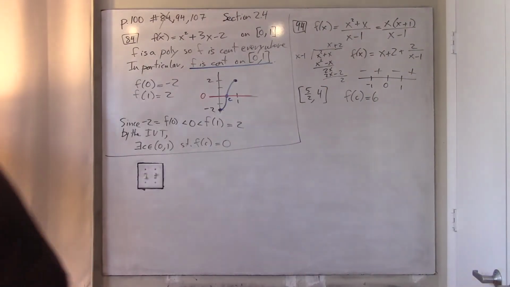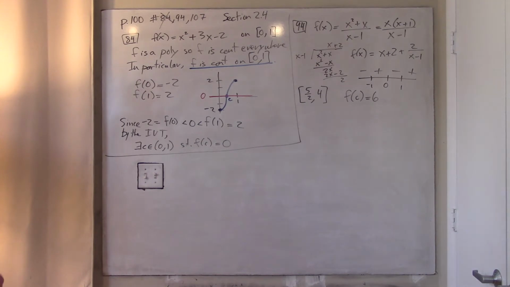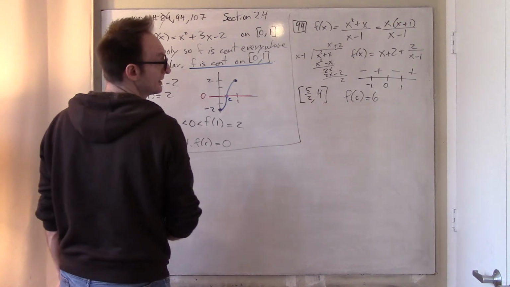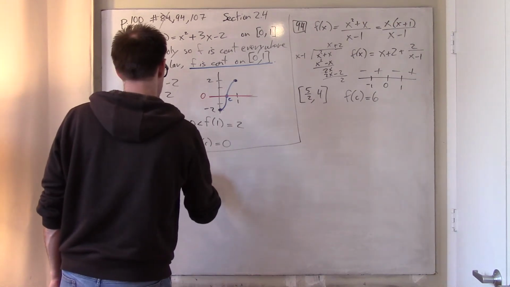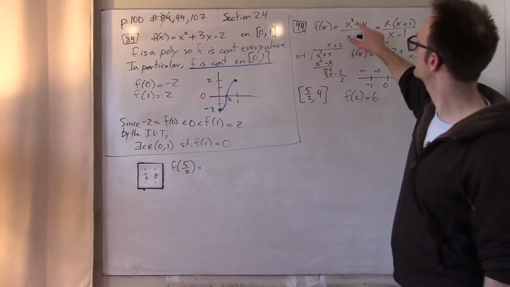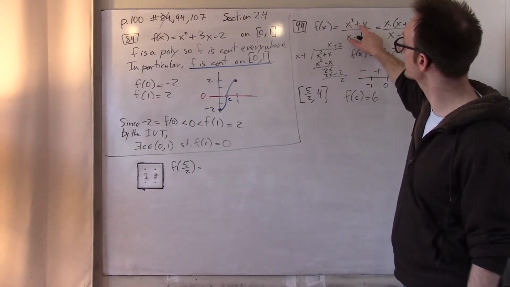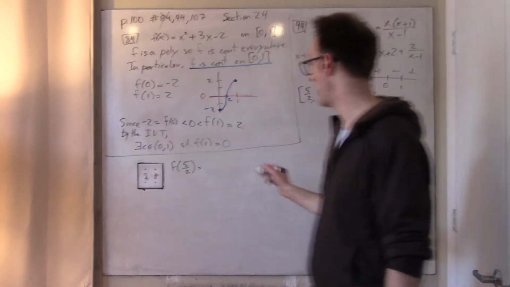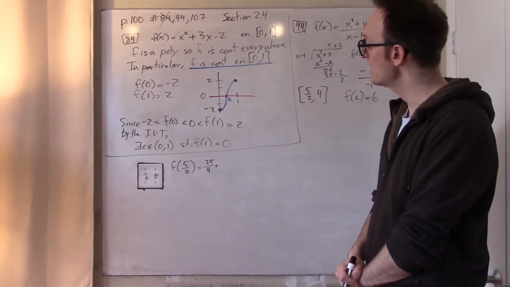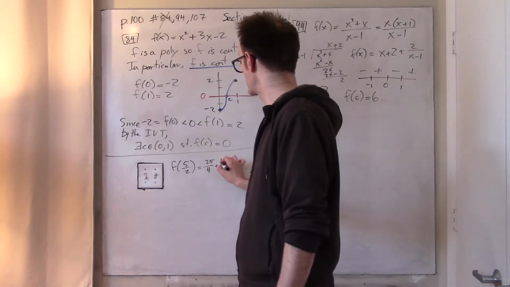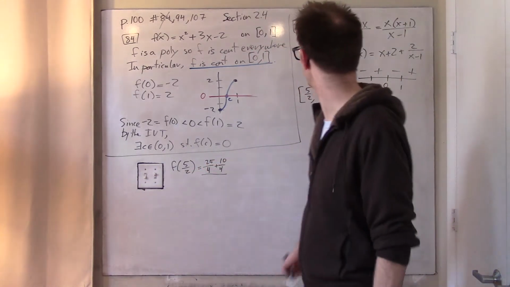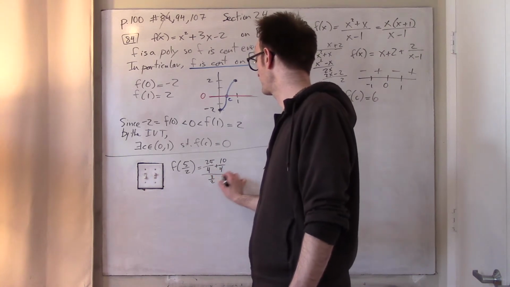Alright, well, what do I know about this function? I can just plug in 5/2 into this function, so let's do that. If I plug in 5/2, what do I get? This is slightly annoying. 25/4 and 5/2 would be 10/4, but that's all over 5/2 minus 1, so that's over 3/2.